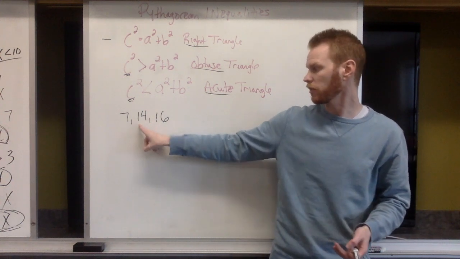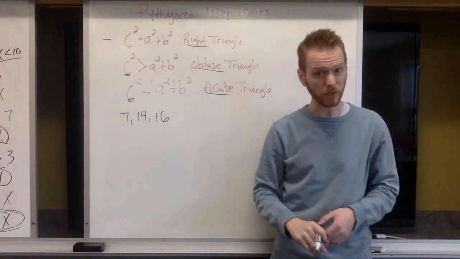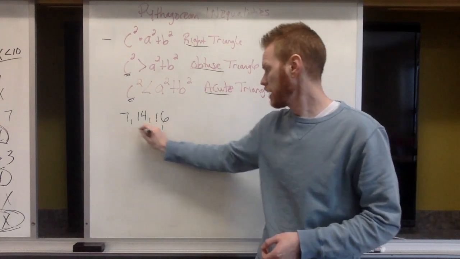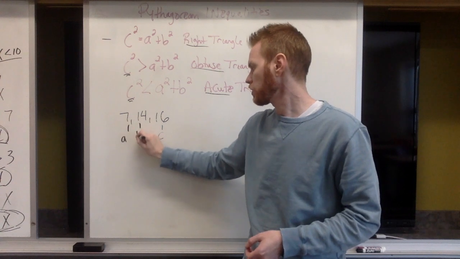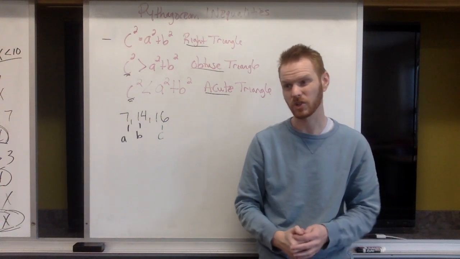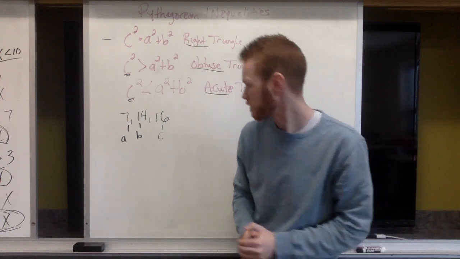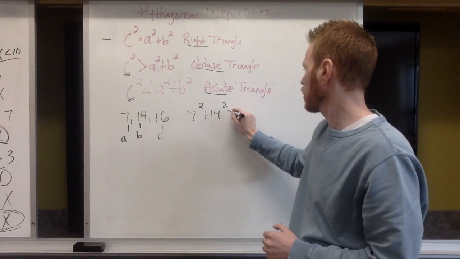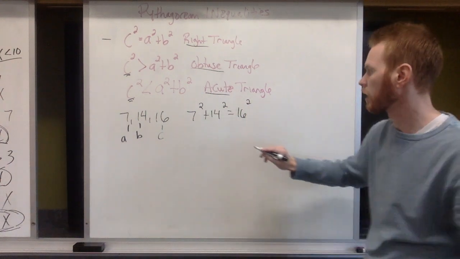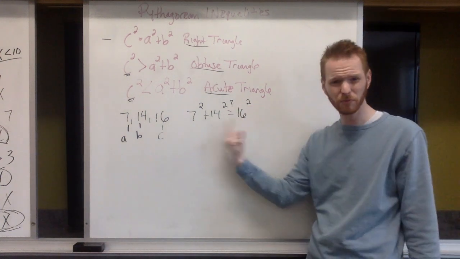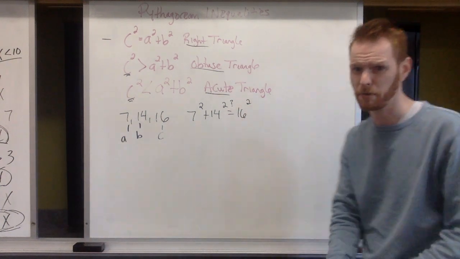Now notice I don't have the legs or the hypotenuse marked, but we know the hypotenuse is the largest side, so this is C. And then these must be the A and B values. And because of the legs, it doesn't matter which one's A and which one's B. Addition is commutative. We don't have to worry about that. All right, so we have 7 squared plus 14 squared equals 16 squared. Now, I'm going to put a question mark right there because I don't know if it really is equal yet. I'm trying to figure that part out.